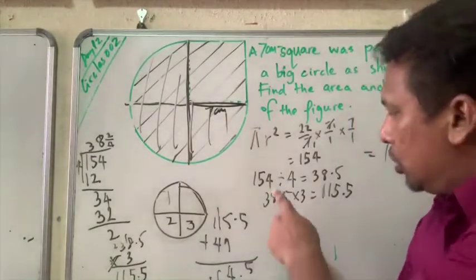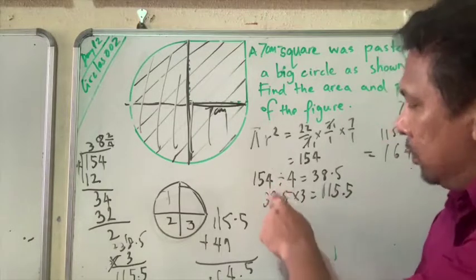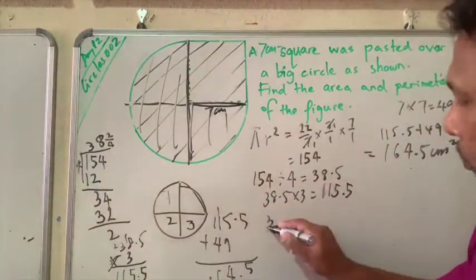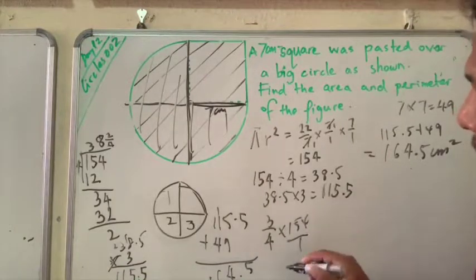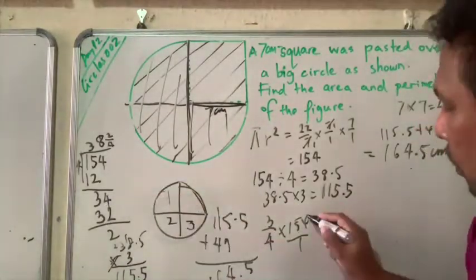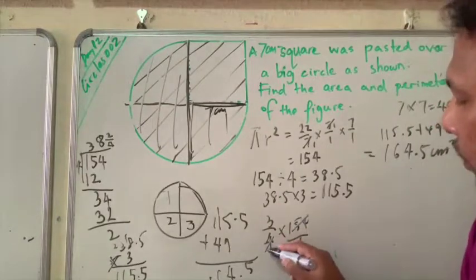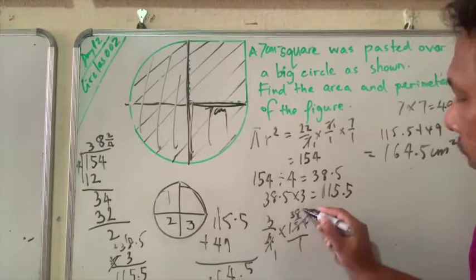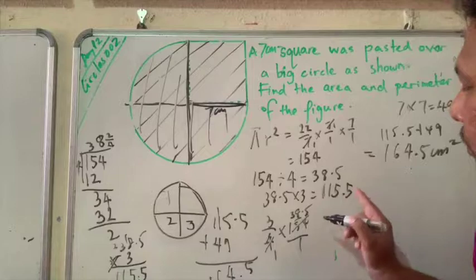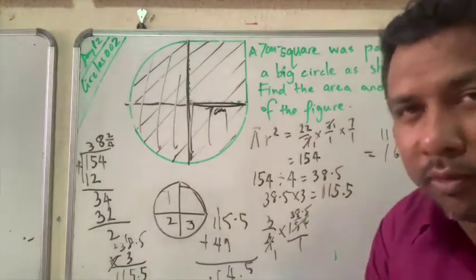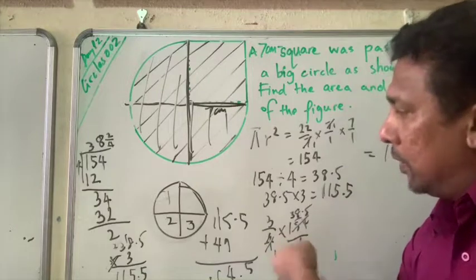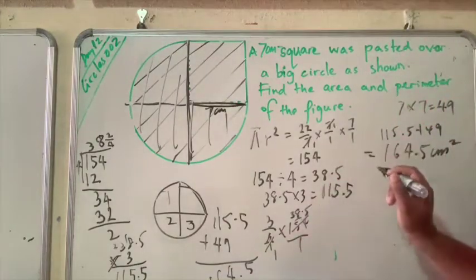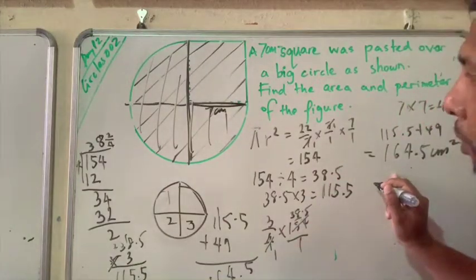Now, a shortcut of doing this part here is to write 3/4 times 154, and you go through the same steps. 154 divided by 4, you get 38.5, and then 3 times 38.5, you get 115.5. Now, if you use a calculator, this will be much faster. So we have gotten the answer for the first part, which is 164.5.